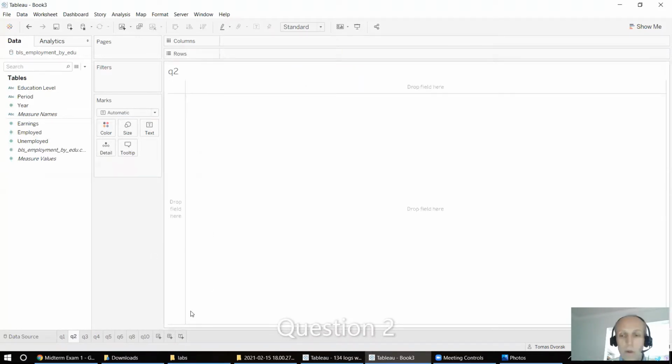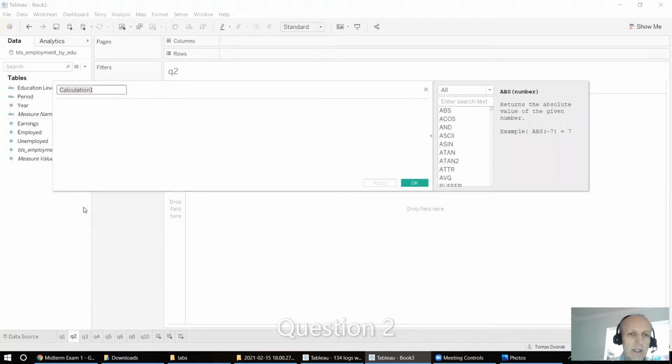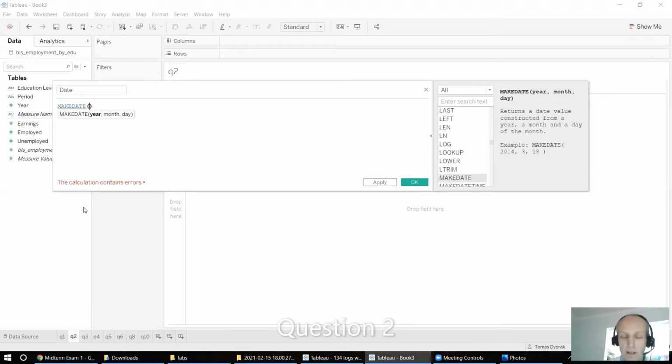In question 2, we're supposed to plot the level of employment over time. Now, first we're supposed to create a date field. So let's create a calculated field. Let's call it date, and let's use the function make date, which takes as argument year, which we already have.